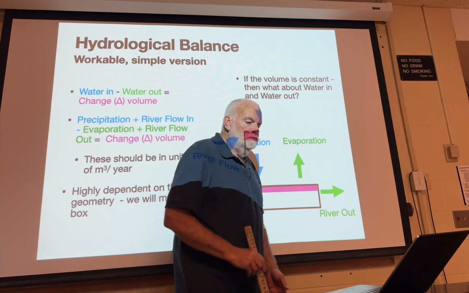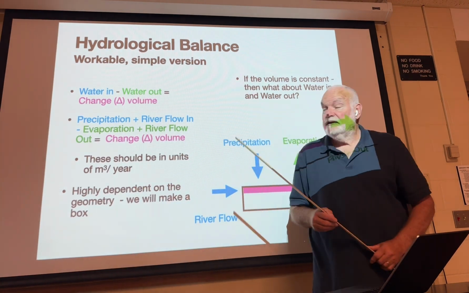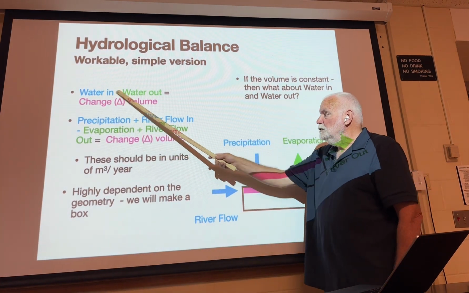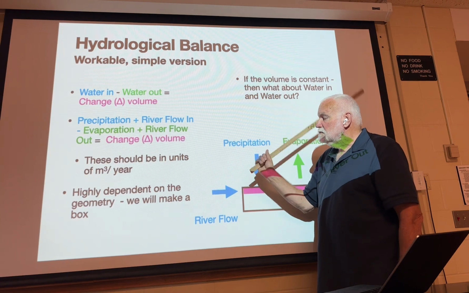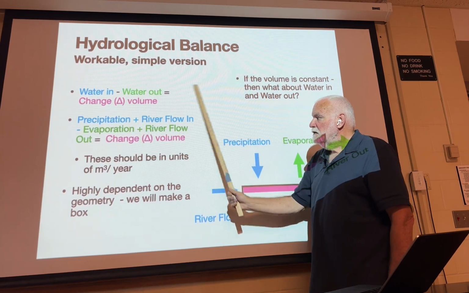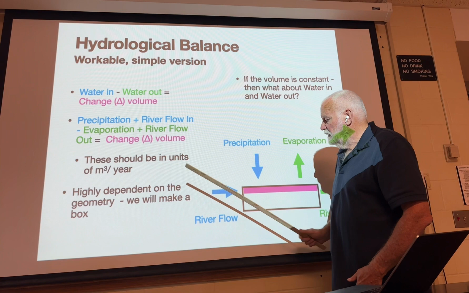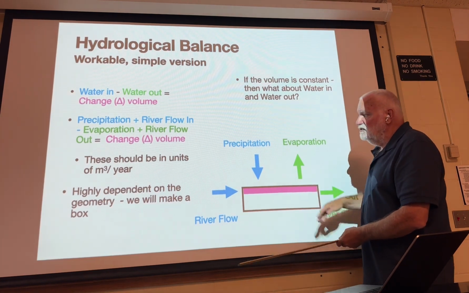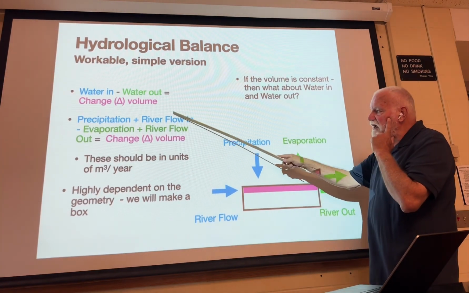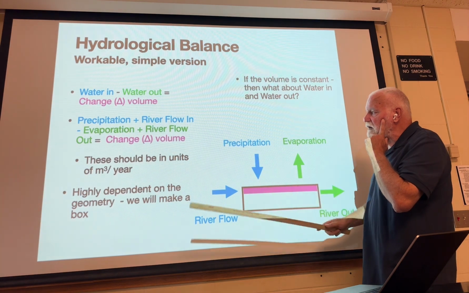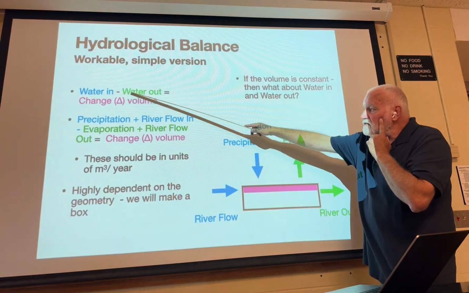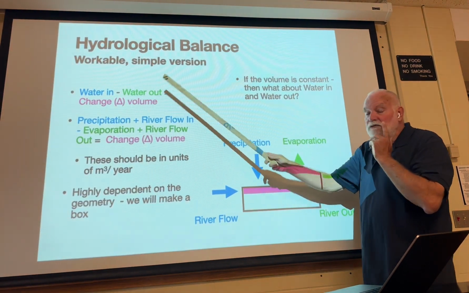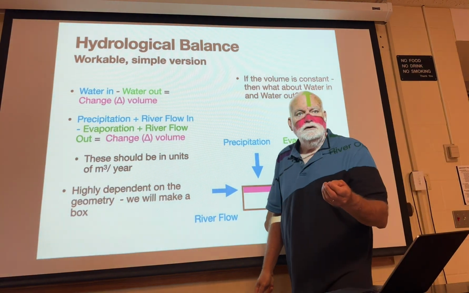Here's our model. I've tried to color code it. Water in is blue, water out is green for whatever reason. Change in volume, how much it changed, is in purplish. And blue is water again. So conceptually, water in minus the water out has to be change in volume.